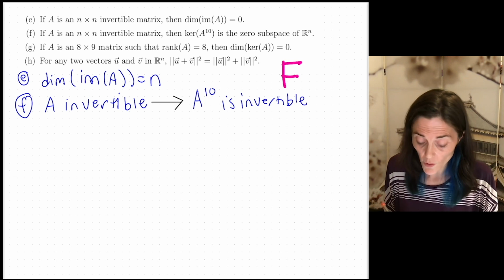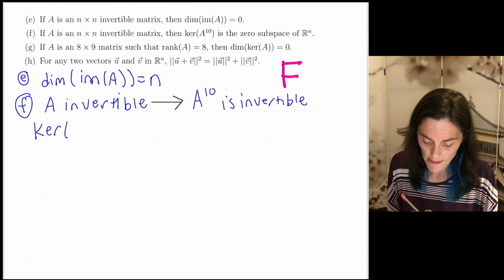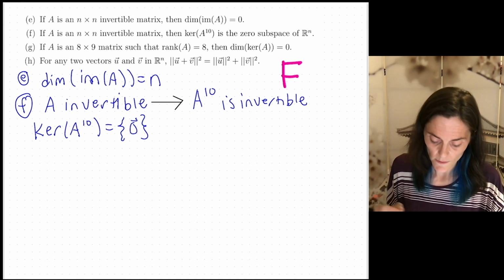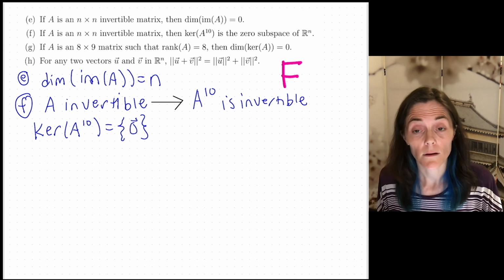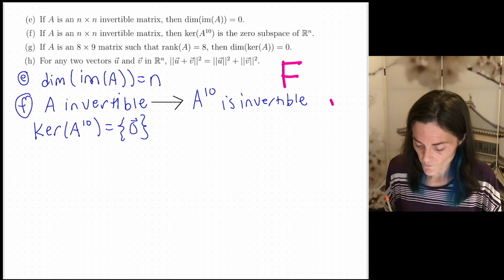Therefore, the kernel of an invertible matrix, this is rank n, it is just 0. And so the 0 subspace of Rn, fantastic. This is true.